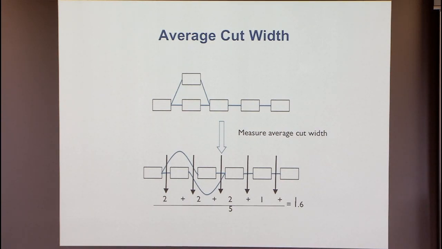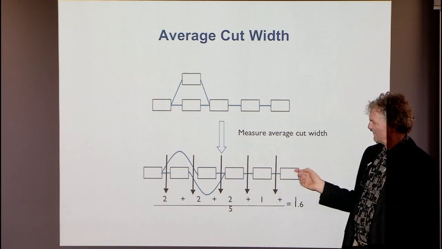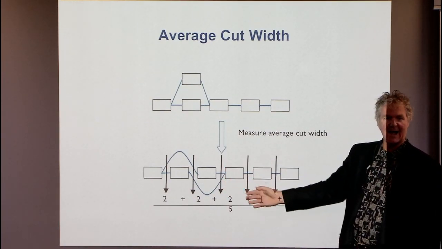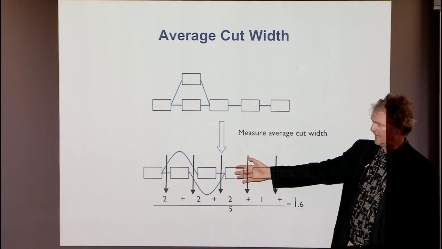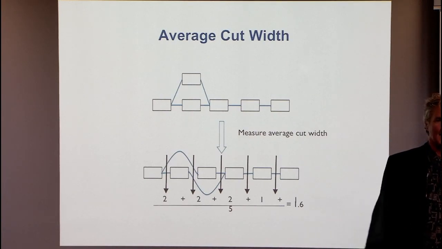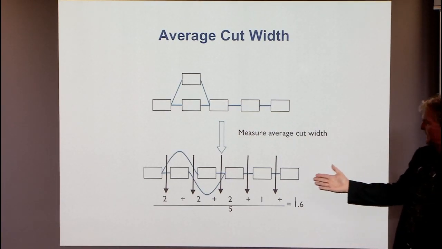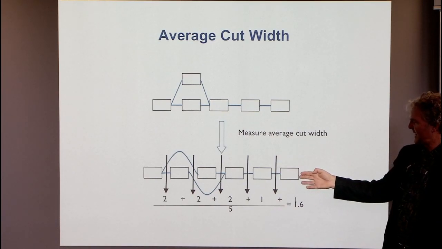So we use heuristics to order this. I'm just telling you about cut width, but we also count how many feedbacks you have and how many reversing edges you have and how they are treated within this. The reversing edges don't make a lot of sense within this, but the feedbacks do.